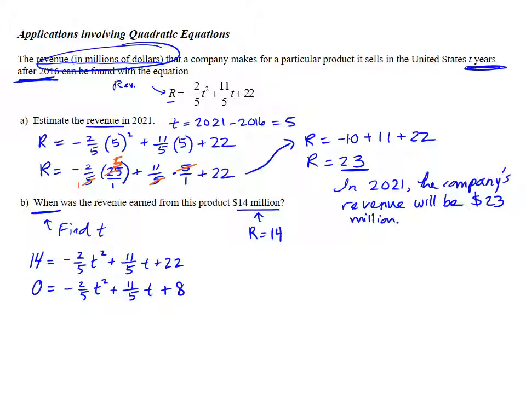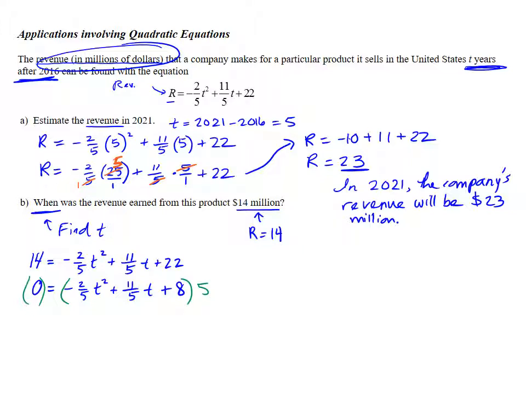Now this equation, we want to factor the trinomial on the right, but there's two issues. There's fractions, and the trinomial starts with a negative. We can take care of those both together if we want. To deal with the fractions, we could multiply both sides by 5 because we have a common denominator of 5.